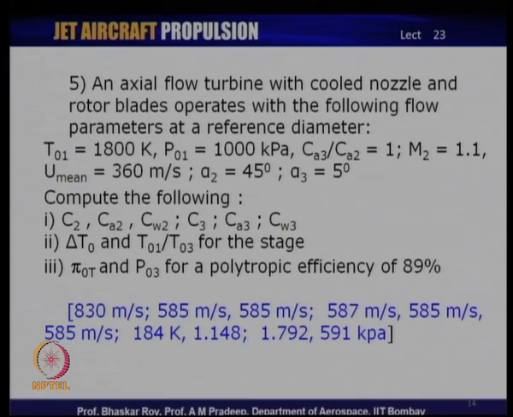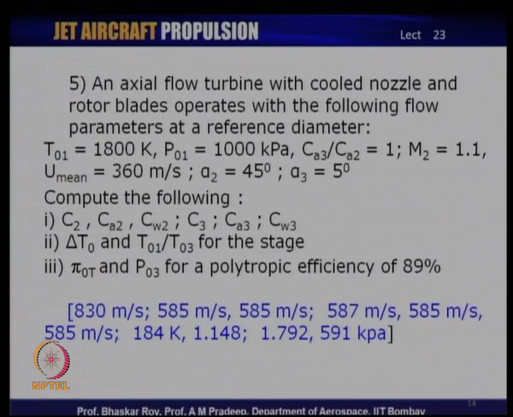axial velocity across the rotor is conserved. Mach number at the exit of the stator nozzle is 1.1, that is, it is allowed to go slightly supersonic, and U mean is 360 meters per second. Alpha 2 prescribed is 45 degrees, and alpha 3 at the exit of the rotor is prescribed as 5 degrees.